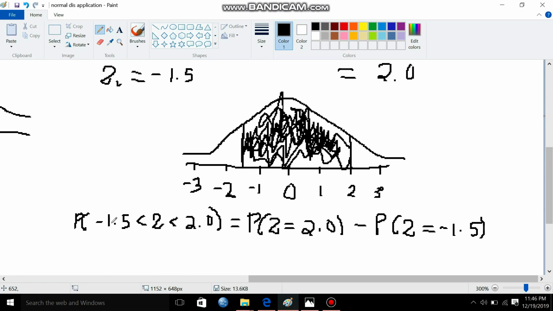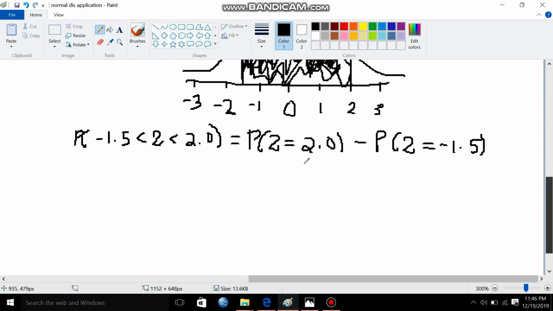So the negative 1.5 will be the second, and the 2 will be the first here. You'll just simply exchange the numbers to get the answer.